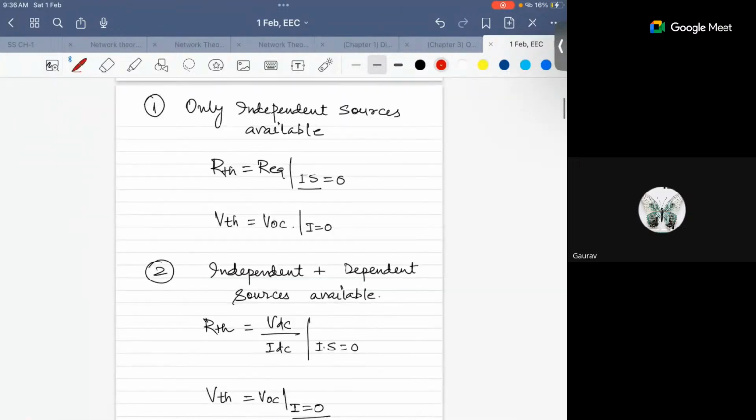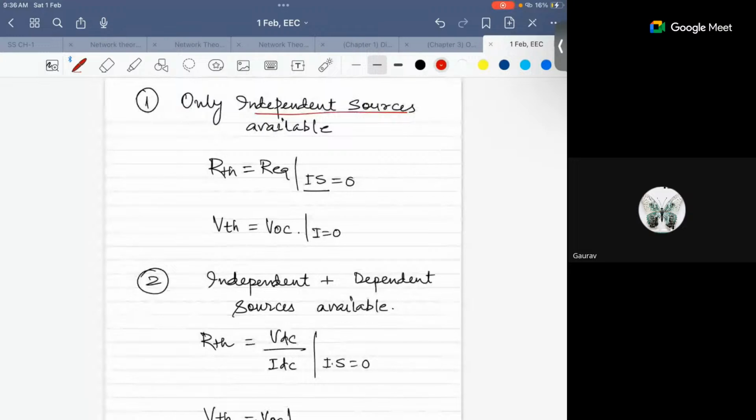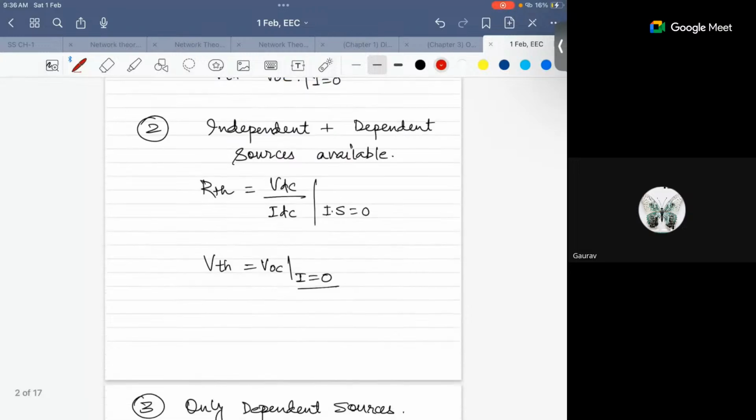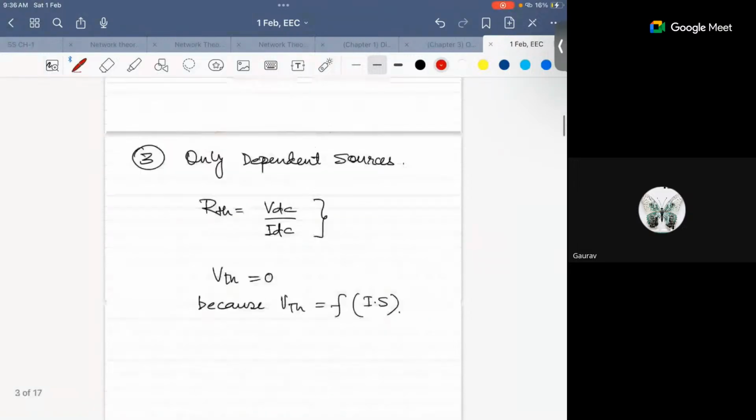The first case is where only independent sources are there. Then you calculate R Thevenin as R equivalent with all the independent sources set to 0, and V Thevenin is V open circuit. Second case, a mix of independent and dependent sources, where you calculate R Thevenin as VDC upon IDC. VDC you take as the voltage across the load resistance, and you pass a current IDC.